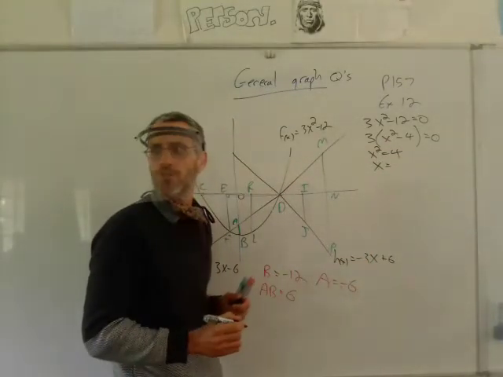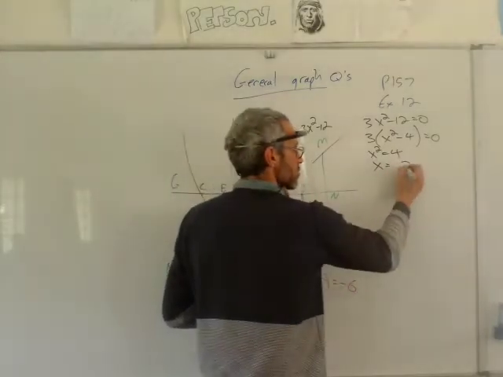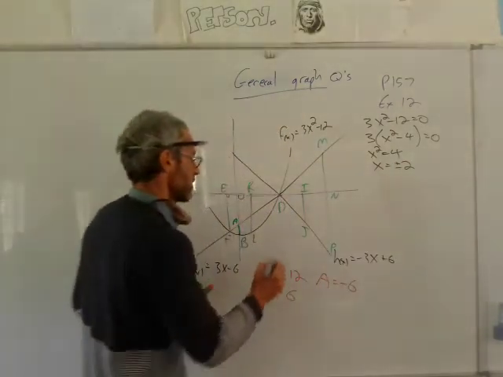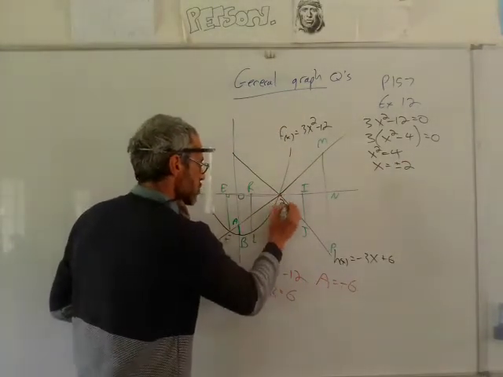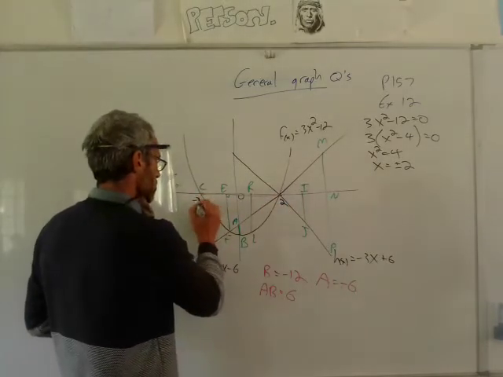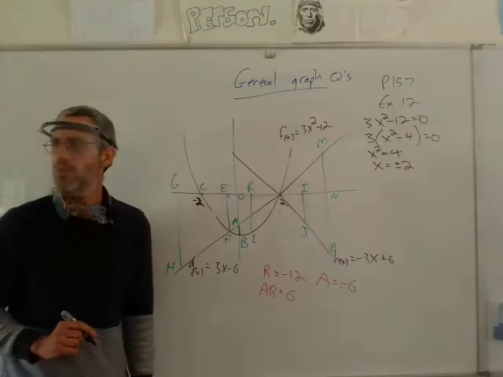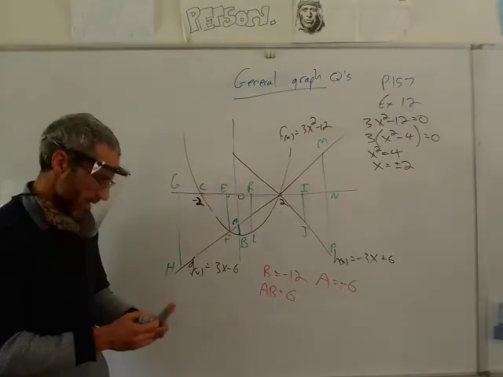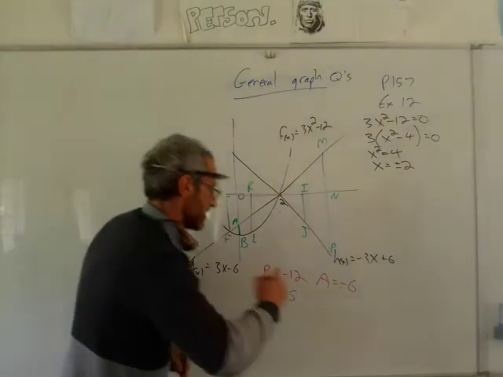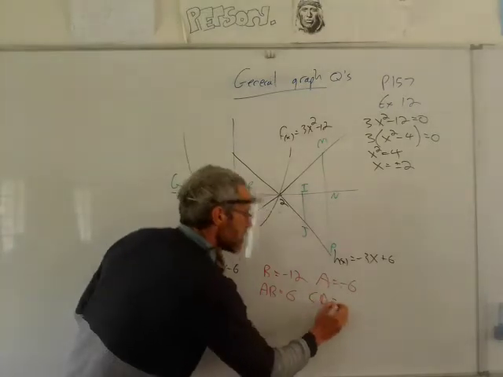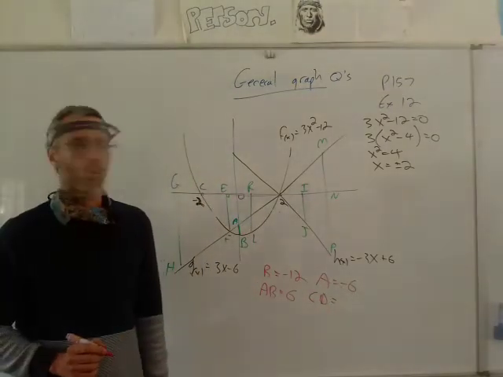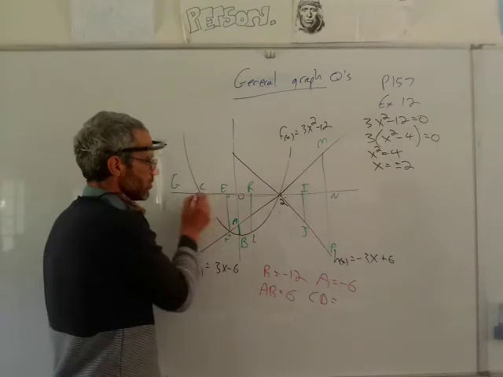What will be the two solutions? 2 and minus 2, plus or minus 2. In other words, this is 2 and this is minus 2, and these are the x-intercepts. And that means that CD is equal to, what will be the length CD equal to?